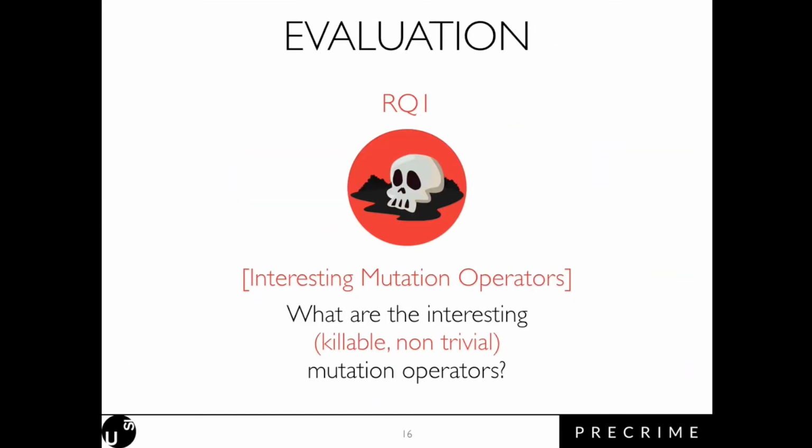First of all, we wanted to know what the interesting mutation operators are. As I explained before, we wanted to know which mutation operators produce mutants that are killable, but not too trivial to kill, because if a mutant can be killed by any test input, it probably cannot say much about the quality of different test sets or test inputs. The same goes for when it's not killable at all.